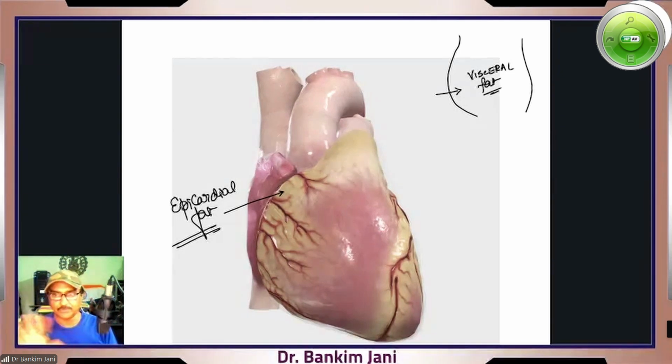These are the fats which we normally don't see. There would be this epicardial fat as it increases. So obviously, don't we feel that it would be putting extra load on the heart? Yes, this is the visceral fat. Visceral fat is that fat which we normally don't see. What we see is the subcutaneous fat, but this subcutaneous fat comes last. Before that, visceral fat keeps on getting accumulated.